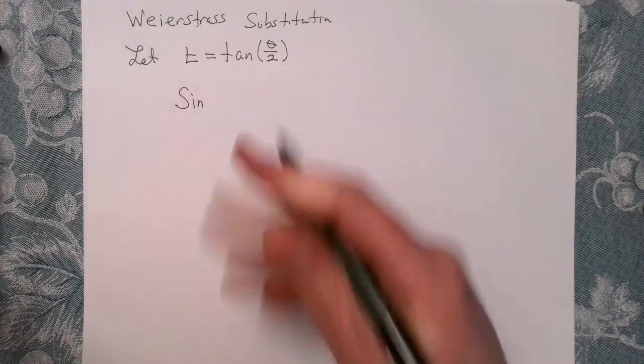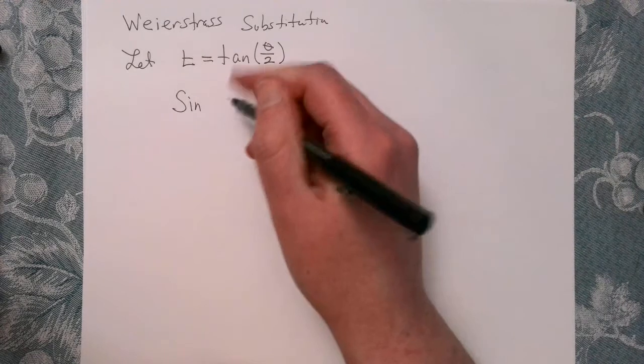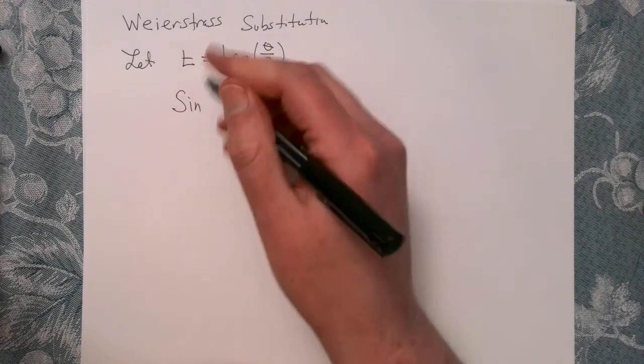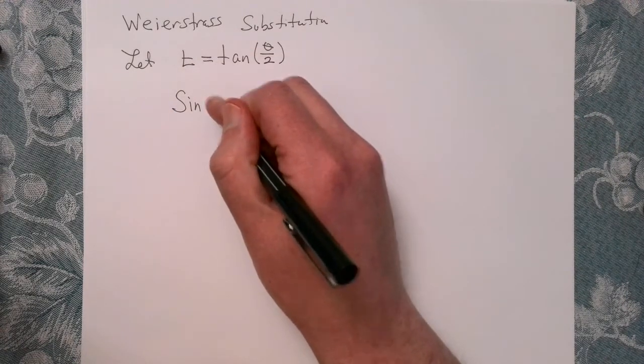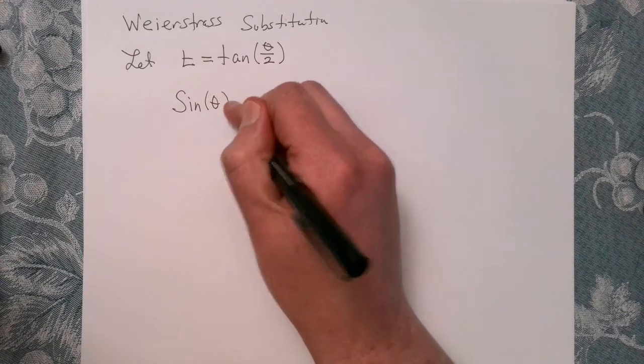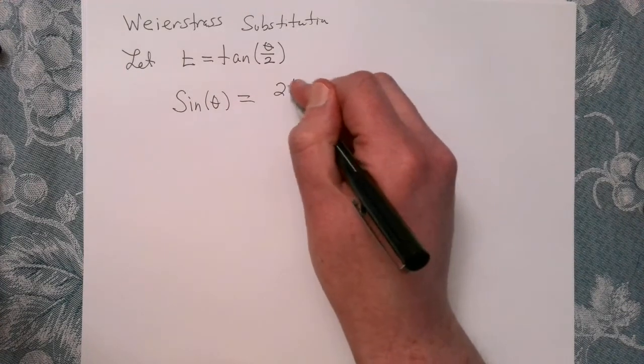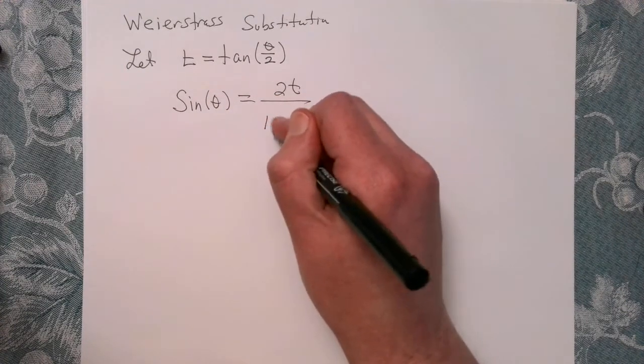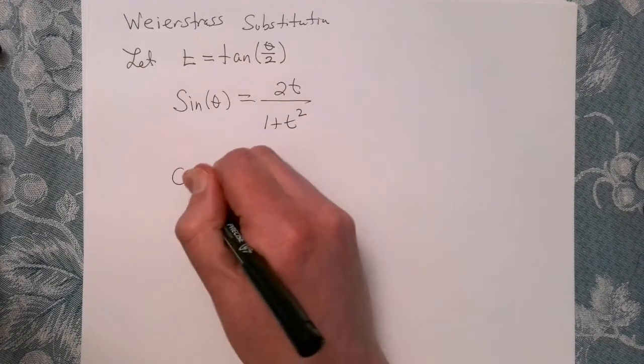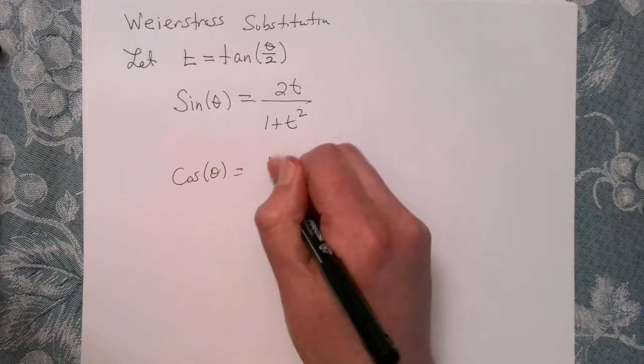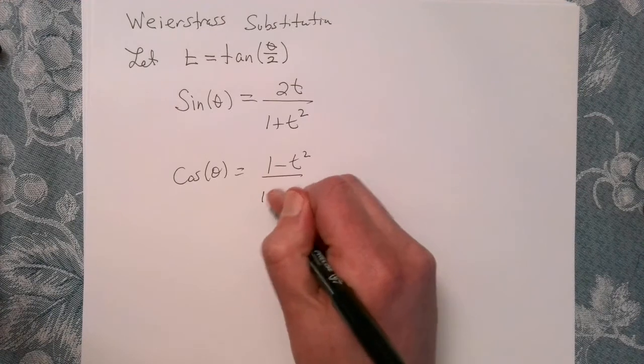And from this, you can do a bunch of work with triangles and algebra and get all these results. Not terribly bad. So sine would be 2t over 1 plus t squared. Cosine of theta would be 1 minus t squared over 1 plus t squared.